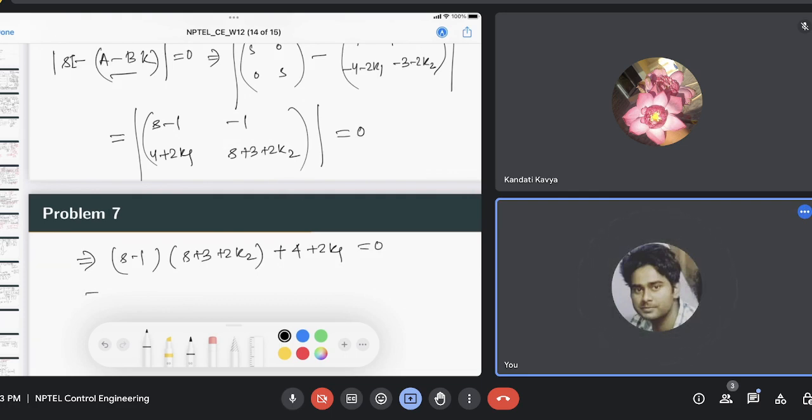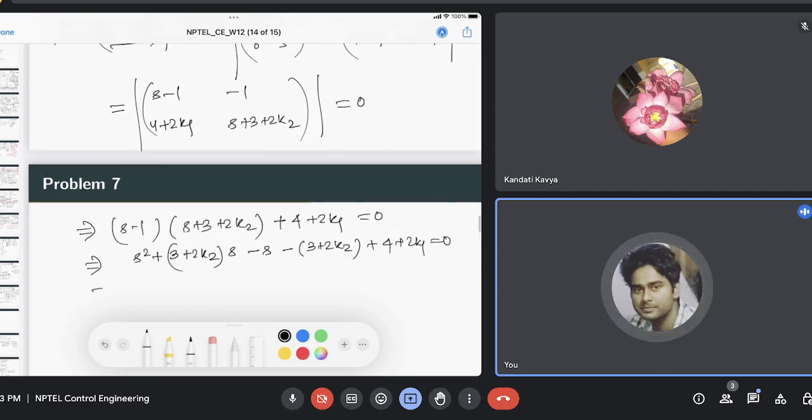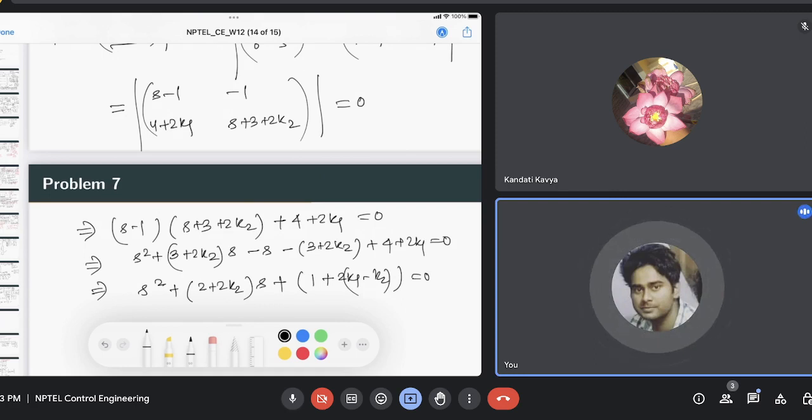So it is s square plus (3 plus 2k2)s minus s minus (3 plus 2k2) plus 4 plus 2k1 equal to 0, or s square plus (2 plus 2k2)s plus (1 plus 2k1 minus 2k2) equal to 0. So this is the characteristic equation associated with the closed loop when we use the gains k1 and k2.